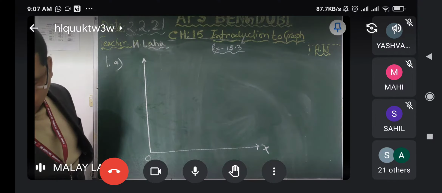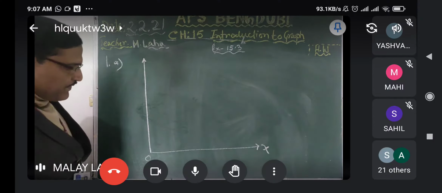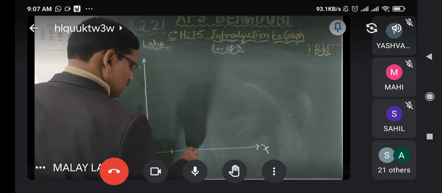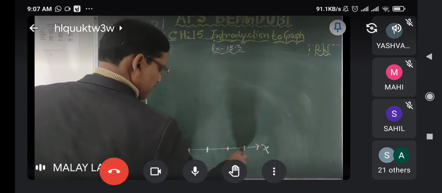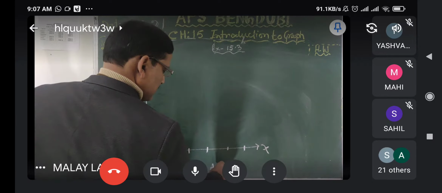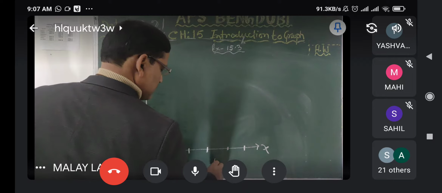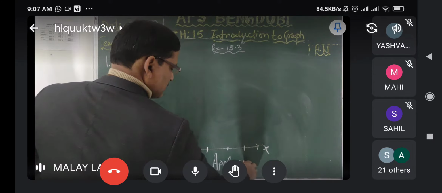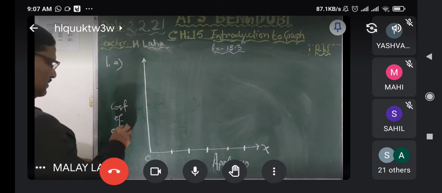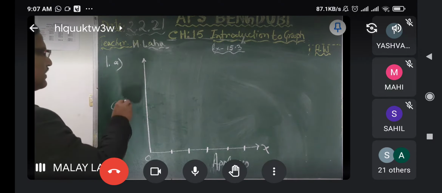Now the number of apples: 1, 2, 3, 4, 5, at equal distances. The horizontal line is the number of apples, and the vertical line is the cost of apples.